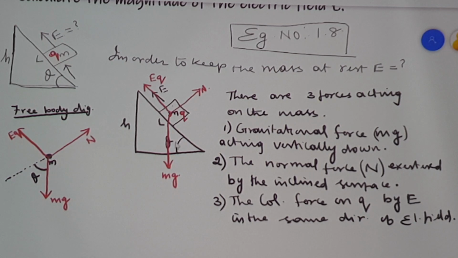The angle between two lines is equal to the angle between their perpendiculars. For the horizontal surface, the perpendicular line is mg, and for the inclined plane, the normal is along N. So the angle between these two lines is also theta.